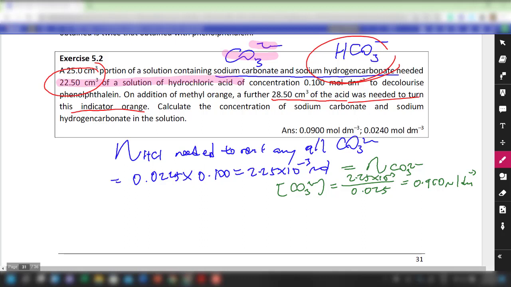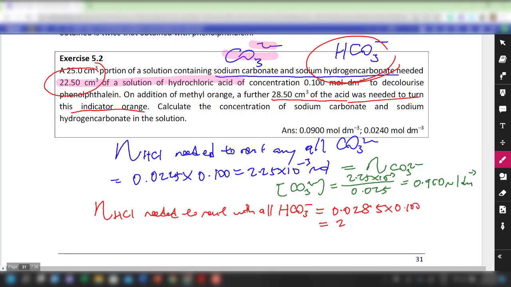So we'll find out the number of moles of HCl needed to react with all the bicarbonates present. That will be equal to 0.0285 multiplied by 0.100, which gives me 2.85 times 10 to the power of minus 3 moles.